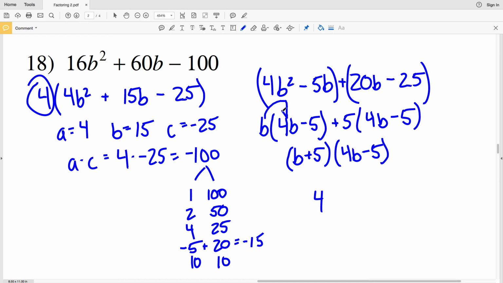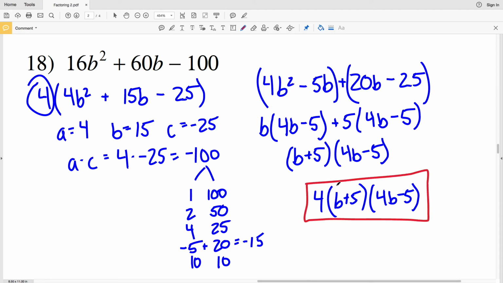And if you want to double check, distribute the b and distribute the 5 to see if you do indeed get 4b squared minus 5b plus 20b minus 25. So now that that polynomial is factored, I'm going to multiply it by 4 to get my final solution. 4 times b plus 5 times 4b minus 5. That's my final answer on this worksheet.